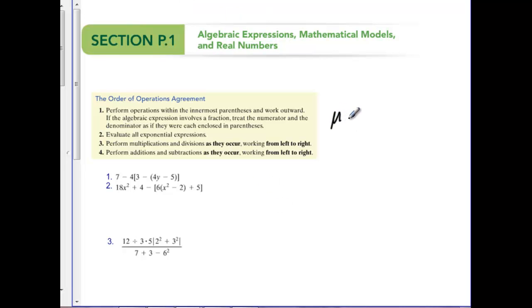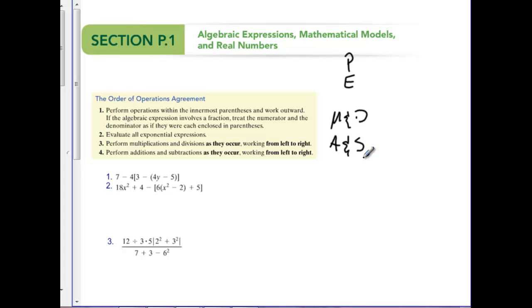The rest is the same: parentheses, exponents, then multiplication and division, then addition and subtraction, and you do it as you come to it from left to right. That's probably the biggest mistake I see people make.